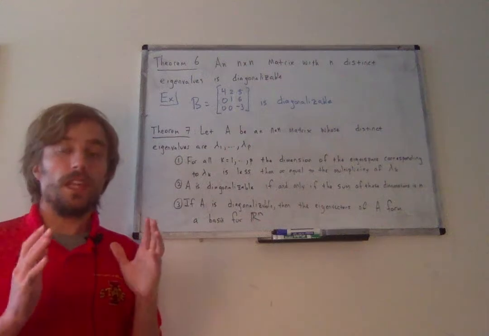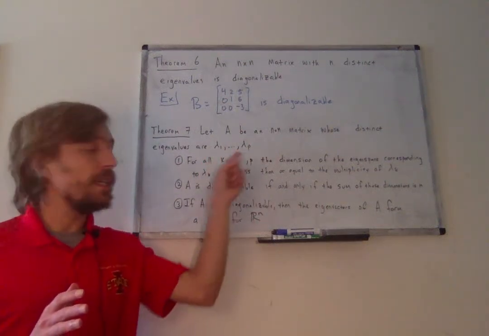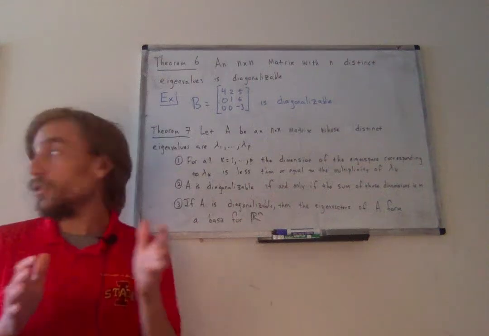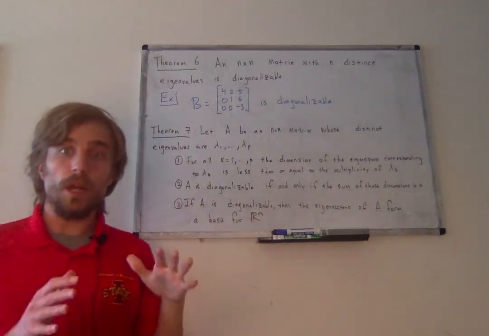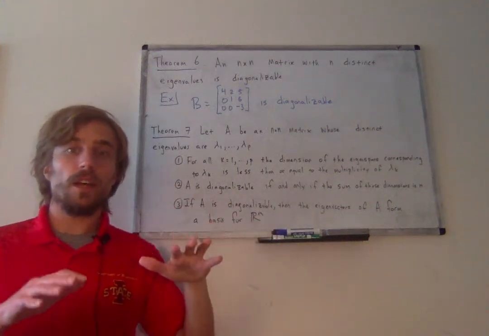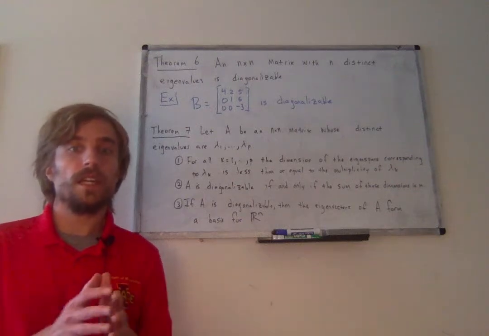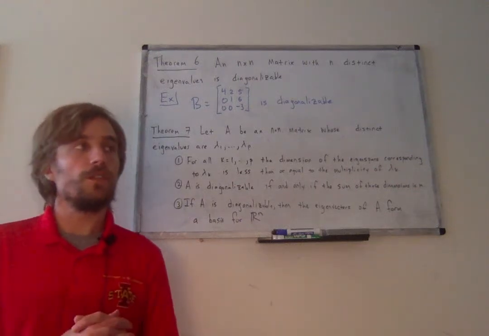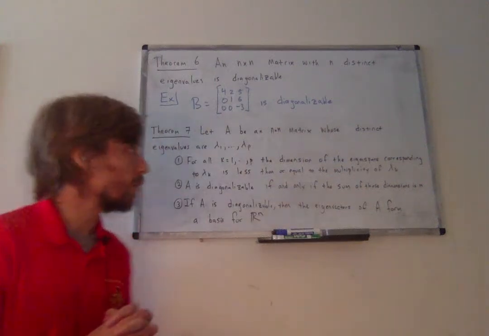However, Theorem 7 definitely leaves the door open for the possibility that p is anything from 1 to n minus 1. So here, again, this is considering the possibility, like we looked at the end of last video, that I've got an n by n matrix with less than n distinct eigenvalues. If you remember last video, we looked at a 3 by 3 matrix that only had 2 distinct eigenvalues.